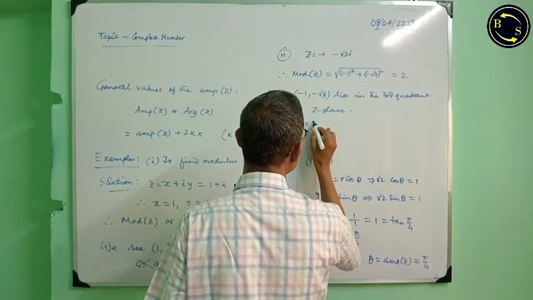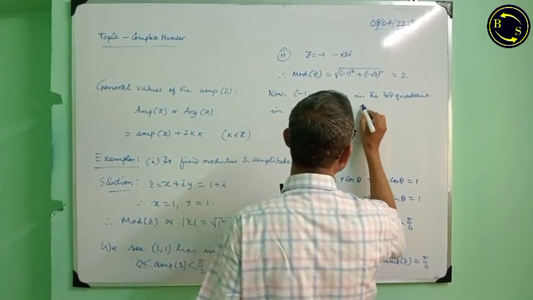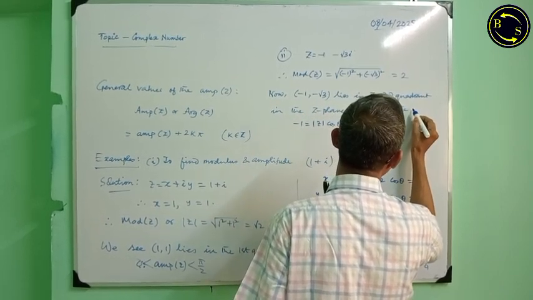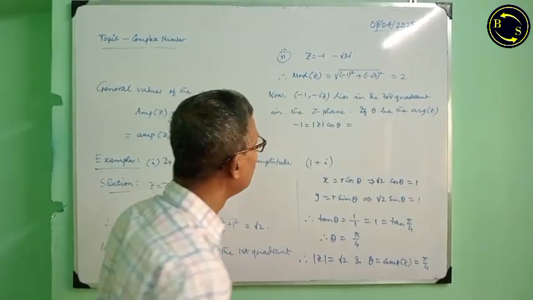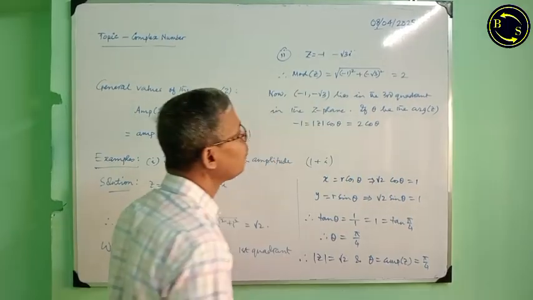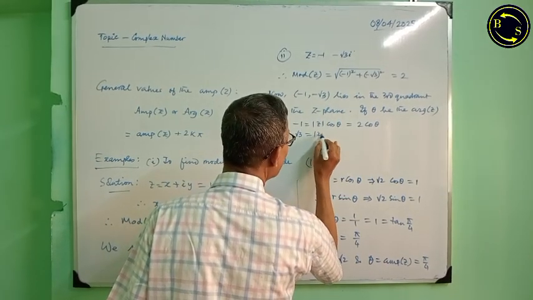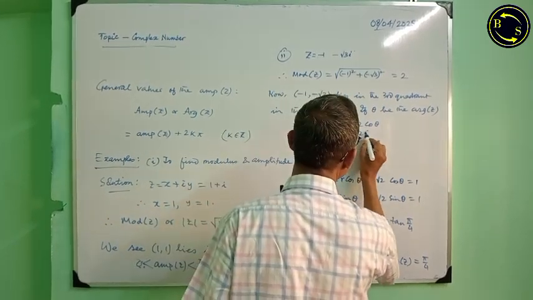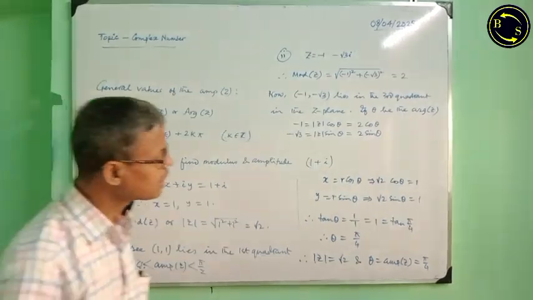-1 equals mod z cos theta, as per the previous discussion.